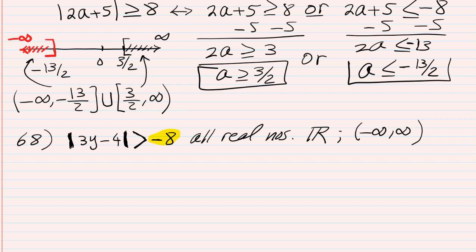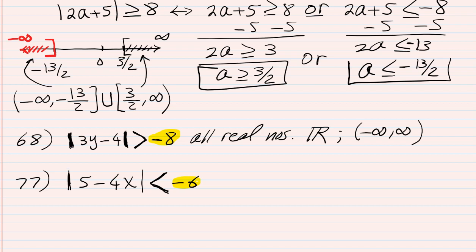Now, the other special case, number 77. In number 77, we have absolute value of 5 minus 4x, this time less than -6. Again, when there is a negative on the right side, you've got to be careful. These are special cases. Make sure the absolute value is isolated and then the right side is negative.